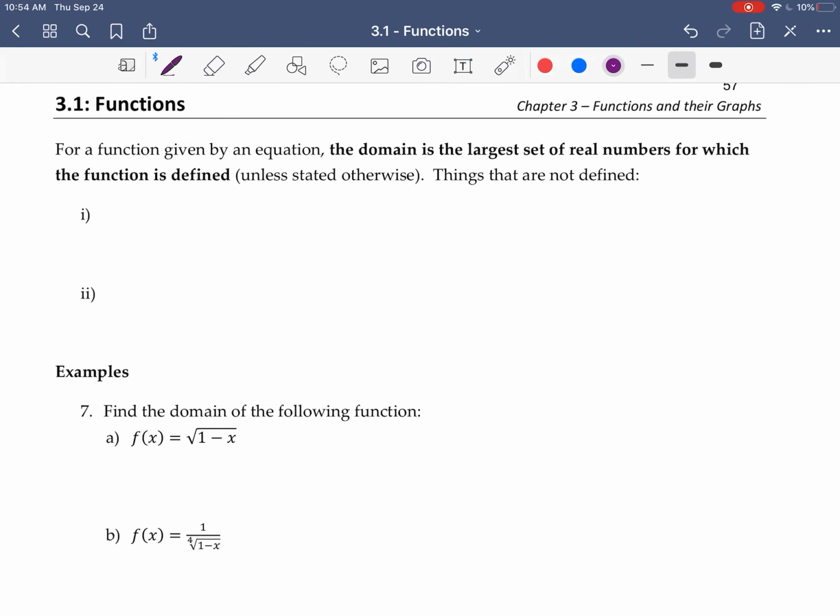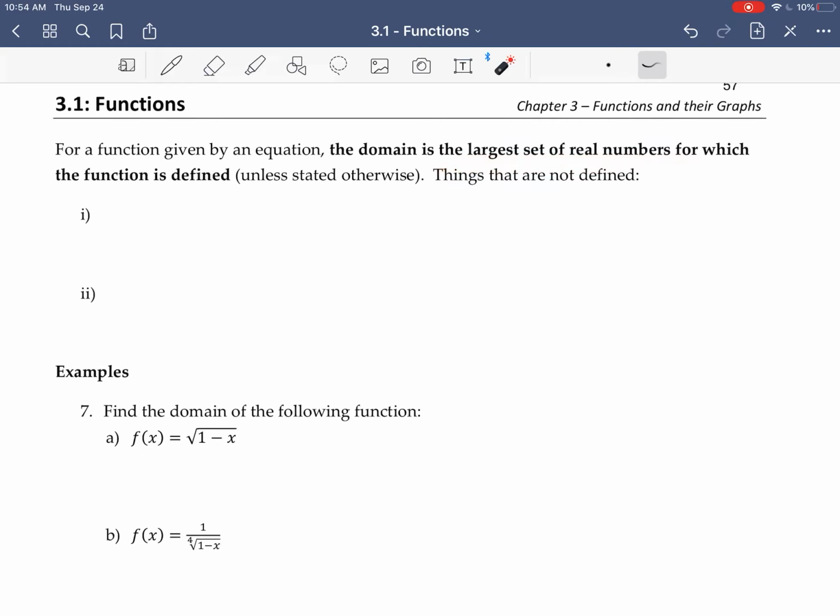So for a function given by an equation, sometimes they don't give you the domain. If they don't tell you specifically what the domain is, you should assume that it's the largest set of real numbers for which the function's defined.